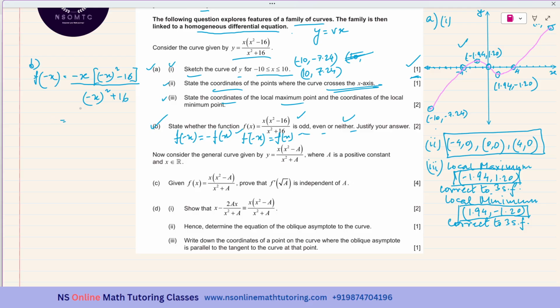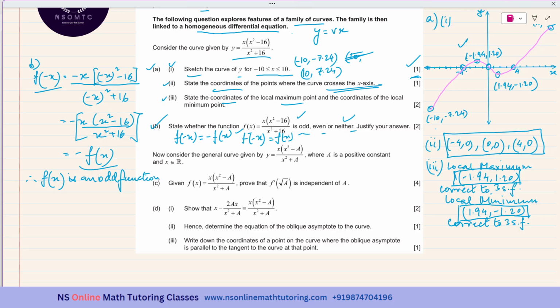So this is equal to negative x times x square minus 16 over x square plus 16, which is equal to negative f of x. This part is f of x. Okay. So f of negative x is equal to negative f of x. Therefore, f of x is an odd function.